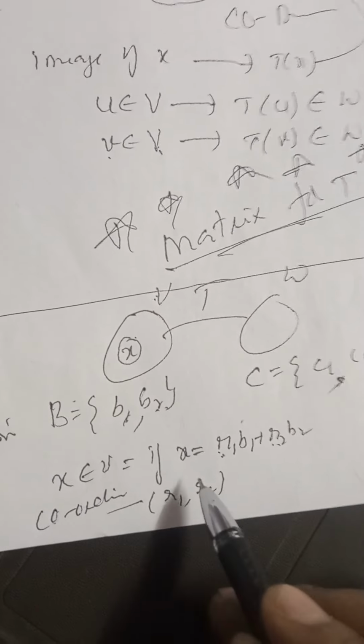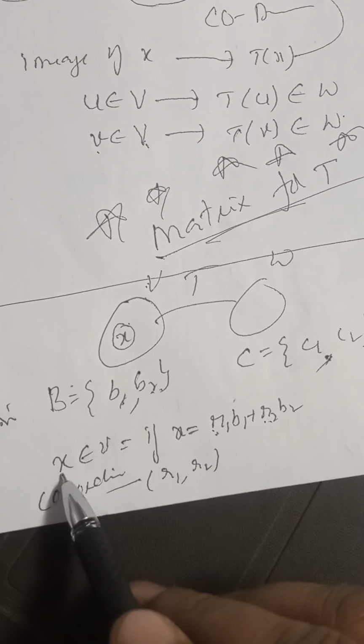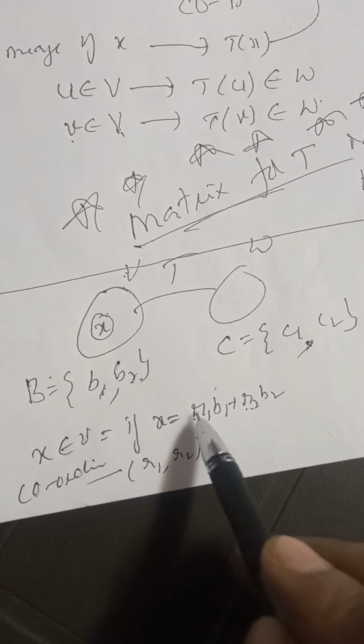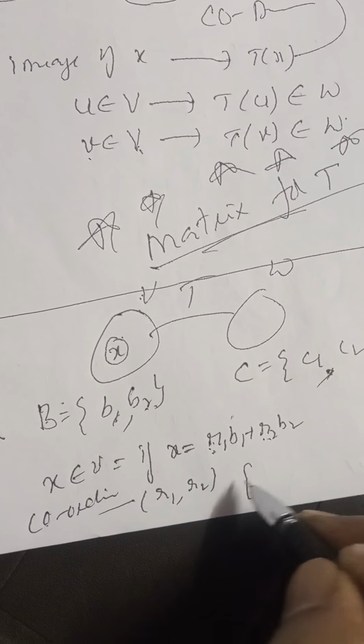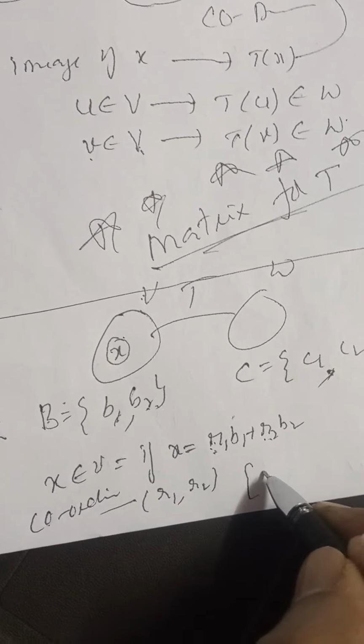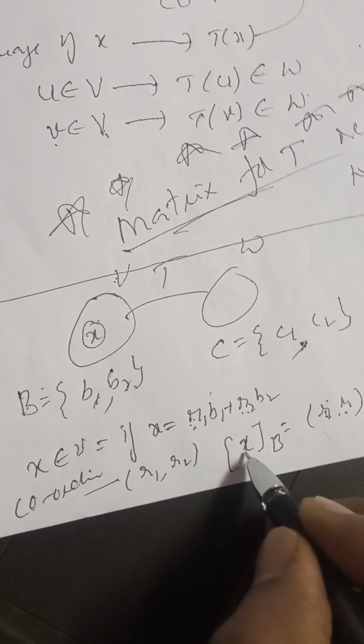Those scalars are called coordinates of the vector X relative to the basis B. Now what is the basis here? This one, no? Therefore those coordinates can be written as XB. XB is equal to what? R1 comma R2. This is the coordinates of this vector relative to the basis B. Okay, got it? Next page number, this one, 8, 9, no?